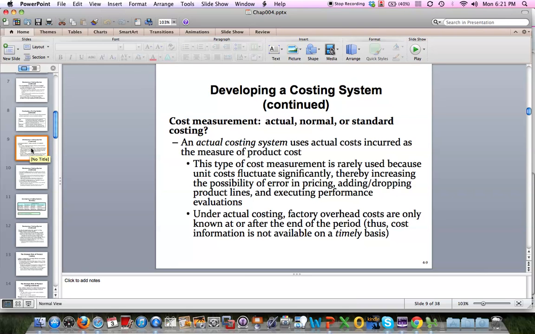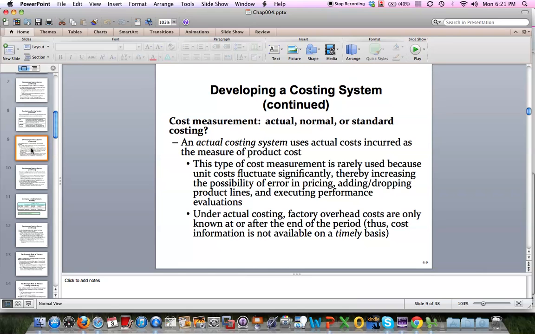So when it comes to measuring cost, remember I said we had three options: actual, normal, and standard. Those are toward the middle of page 98, where they begin to talk about those. Just be sure that you've read through that, obviously.